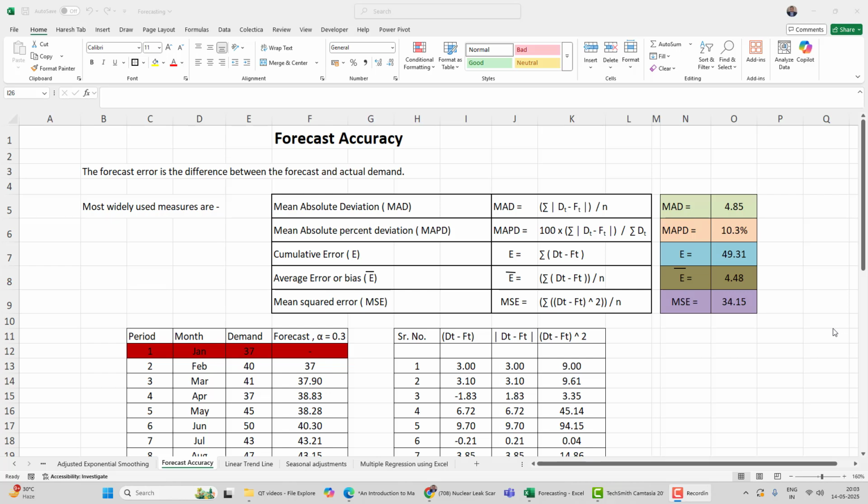So in this particular slide, we have different types of accuracy measurements which can be used. When we say accuracy, it's nothing but the forecast error which we are going to be calculating, and it is nothing but the difference between the forecasted value and the actual value.